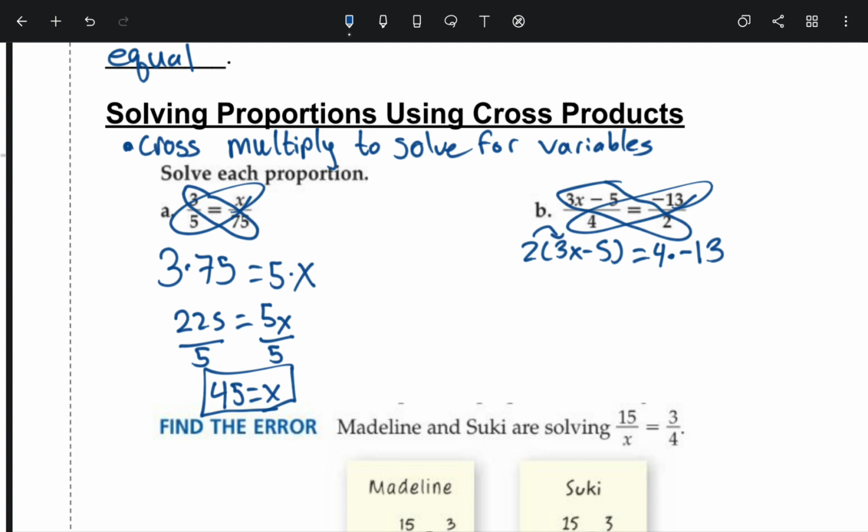I'm going to distribute this 2, so we get 2 times 3x plus 2 times negative 5 equals 4 times negative 13, which is negative 52. 2 times 3x is 6x. 2 times negative 5 is negative 10 equals negative 52.